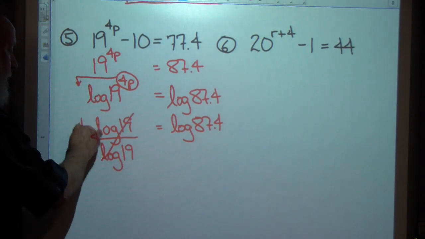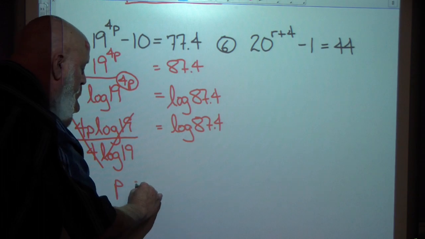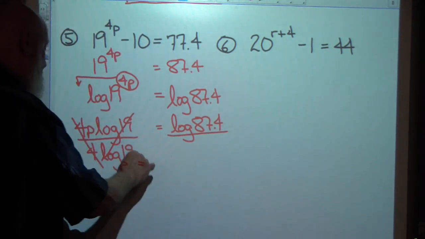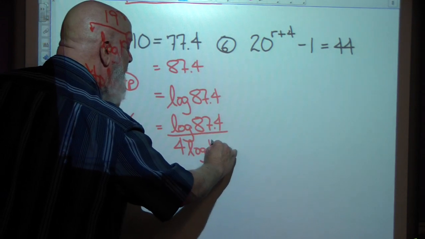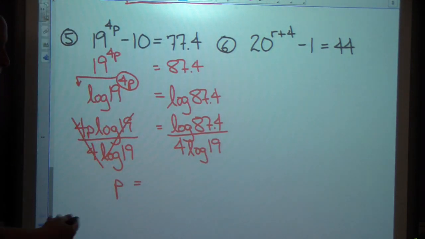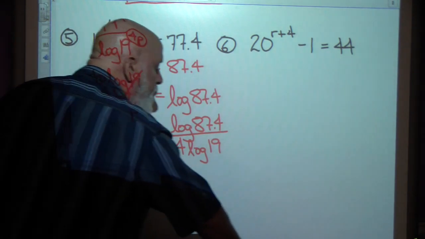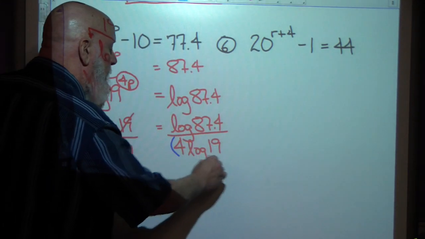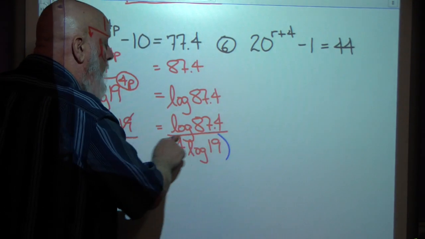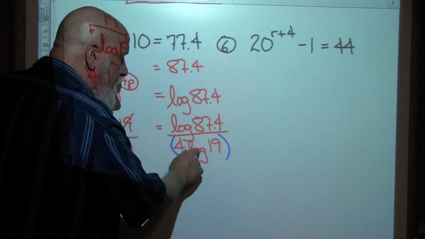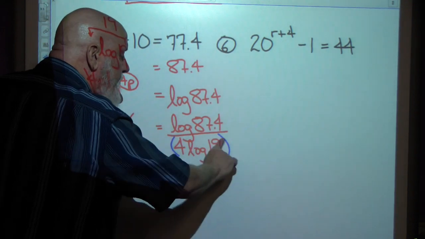This cancels this, that cancels that, leaves me with p equals this over 4 log 19. I divided both sides by 4 log 19. Hopefully I haven't made a mistake. When you go to evaluate this, make sure that your denominator is in parentheses. You go log 87.4 over, in parentheses this, or you could hit divided by, parentheses this.